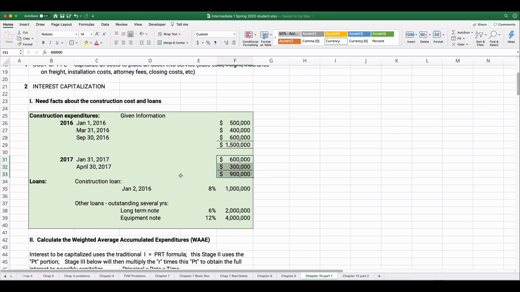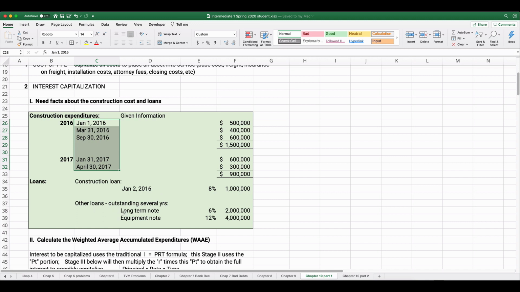So the total cost of our building is going to be the $1,500,000 plus the $900,000. But we have some interest cost, and so we're going to add the interest cost that is necessary to do this.